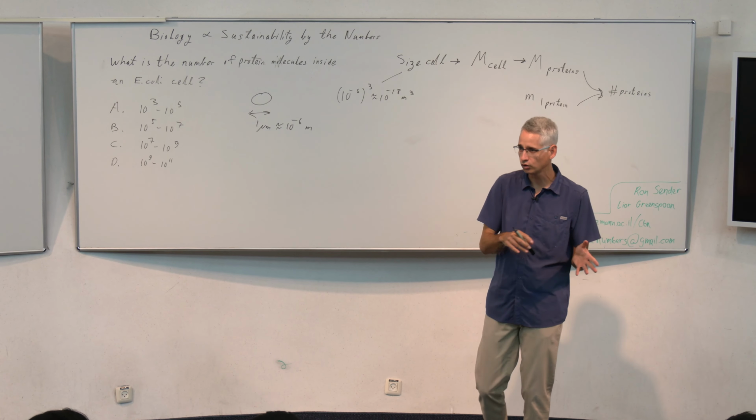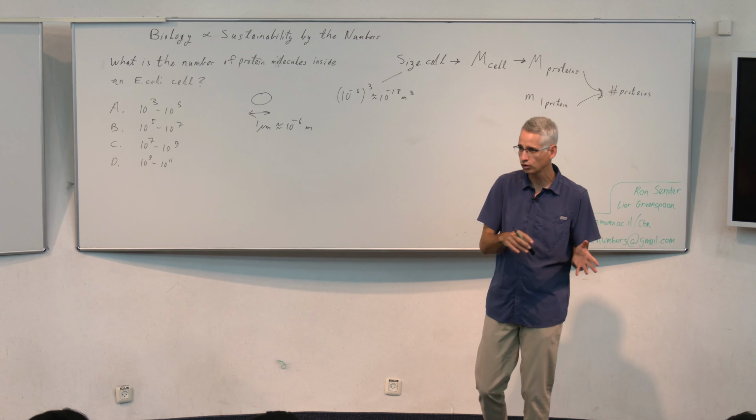Different people have different ways they do it in their head, and it's also very easy to get confused in these things. So it's usually good to take small steps, but each step you know what you're doing. Let's stay with 10 to the minus 18. I just want to replace this meter cubed, which is a meter by a meter by a meter, with water or something of that sort, and say how much it would weigh.